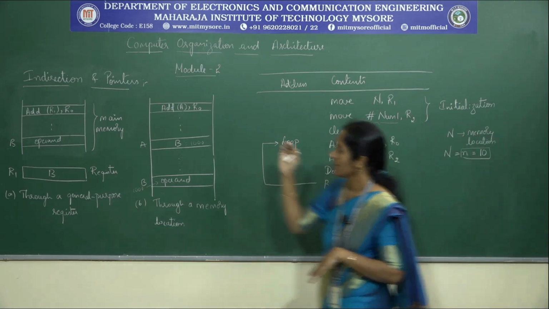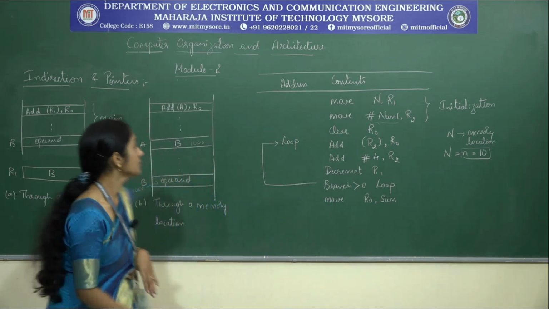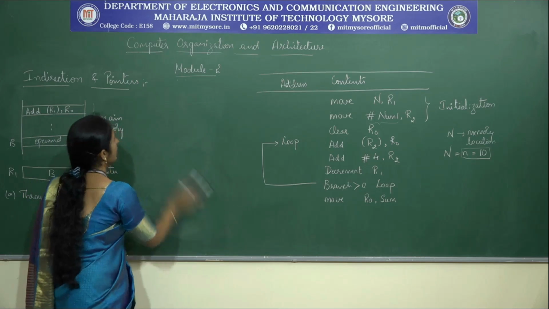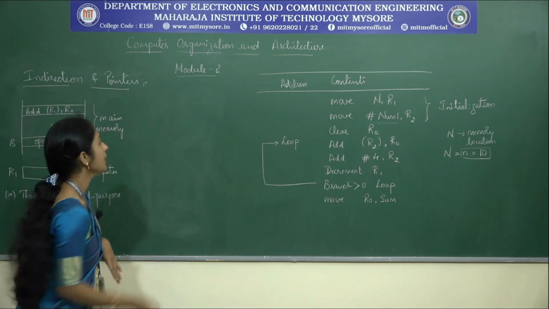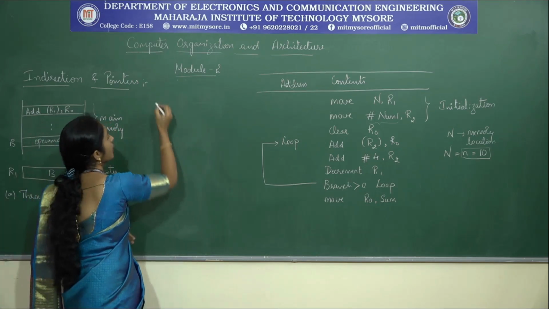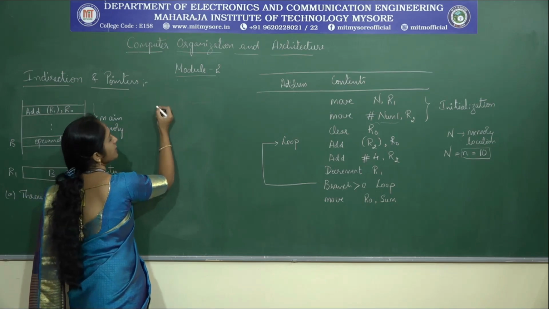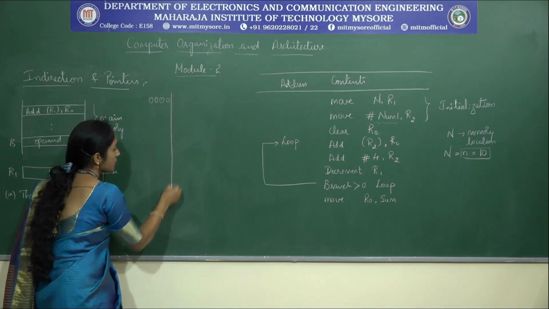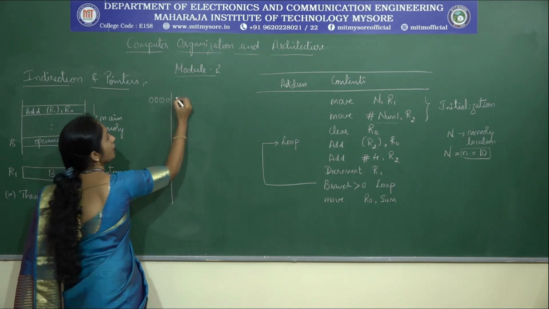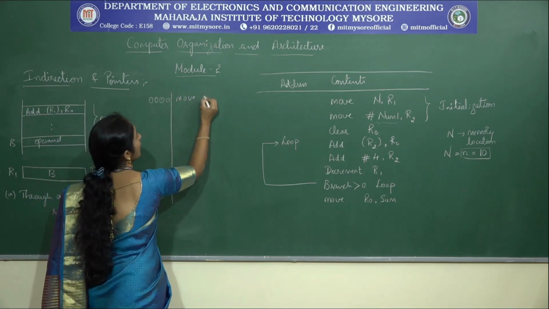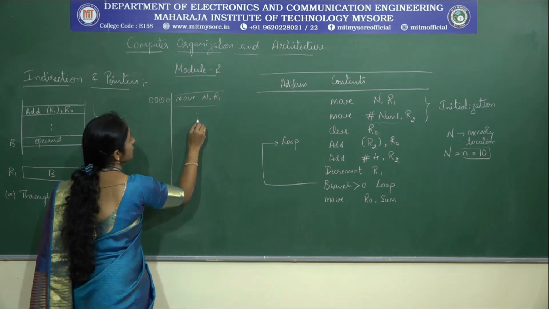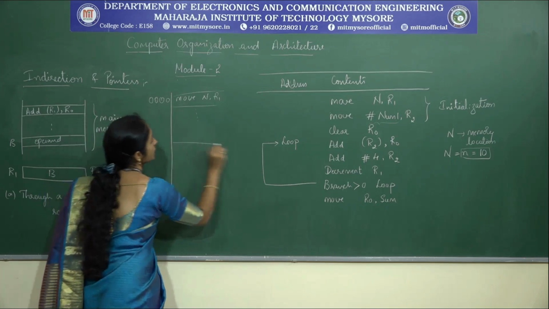So for this, let us consider a memory segment, and let us understand how this program is going to work. Let us assume the starting location is 0000, and we have move n comma R1 here, followed by the subsequent instructions.